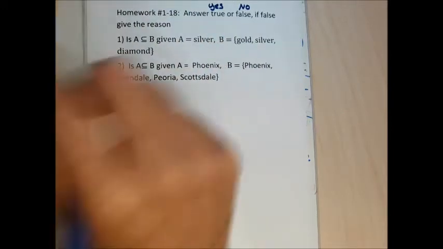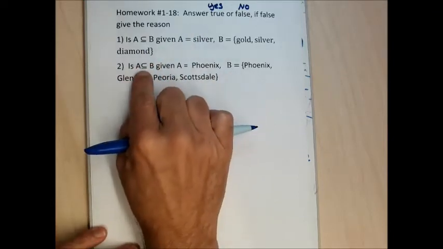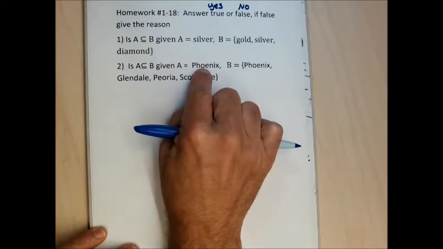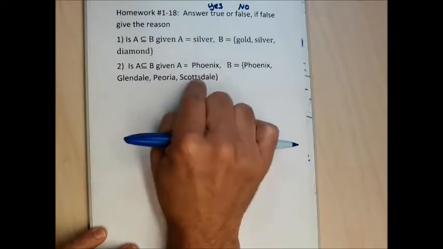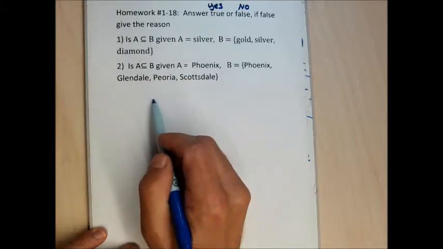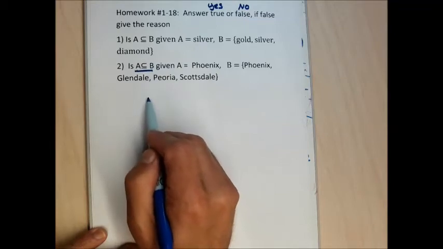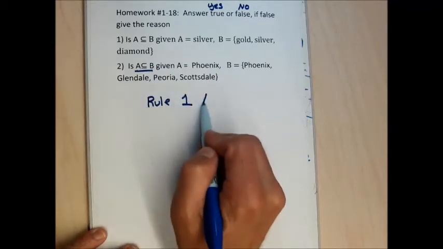So question 2, is A a subset of B given A is Phoenix and B is a set that contains Phoenix, Glendale, Peoria, and Scottsdale? To be a subset, I need to satisfy 2 rules. Rule 1 is A has to be a set.